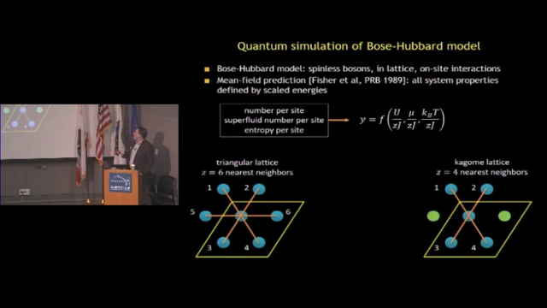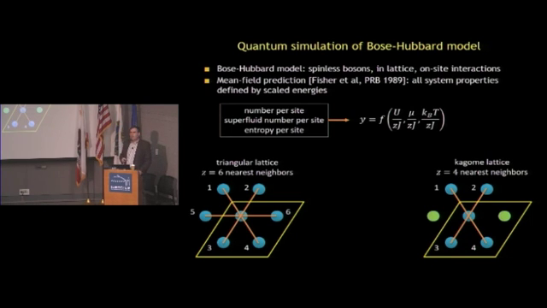And the scaled energies take into account the number of nearest neighbors in the lattice that you're studying. So this is a bold prediction, this mean field prediction, that specifics of a lattice make no difference in the Bose-Hubbard Hamiltonian, the specific dimensionality or the structure. The only thing that counts is the number of nearest neighbors.